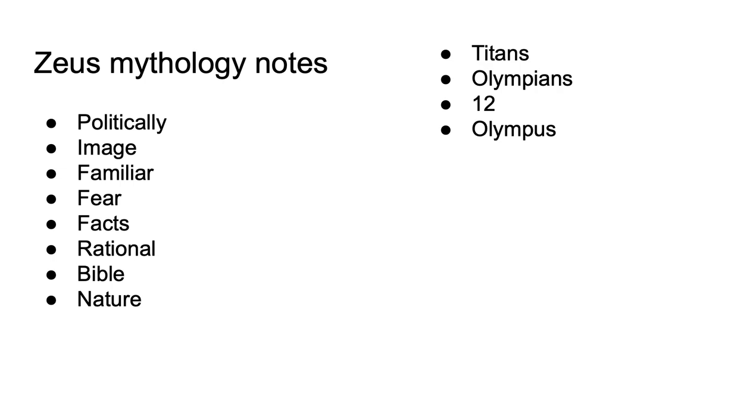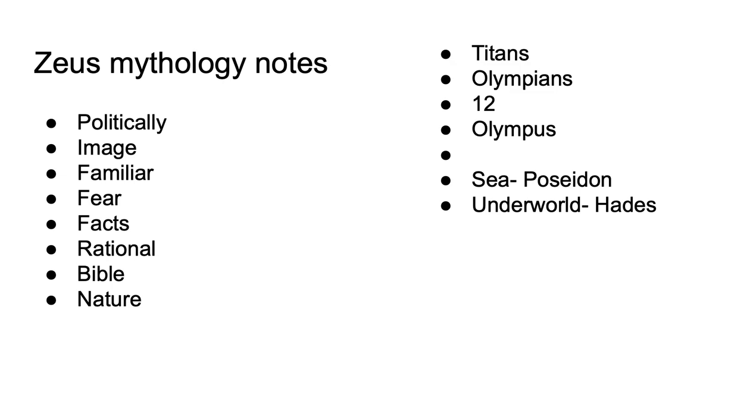So we'll start with the first one. When they split up the duties, as it were, the sea fell to Poseidon. Sea, as in water. He was the one that controlled water. Hades got what? Yeah, the underworld went to Hades.